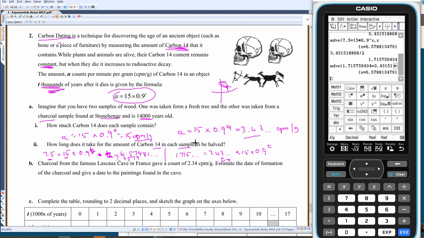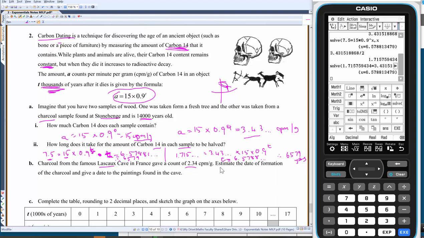So it takes exactly the same time to halve, because this is the half-life. 6.5788 dot dot dot, therefore 6,579 years.